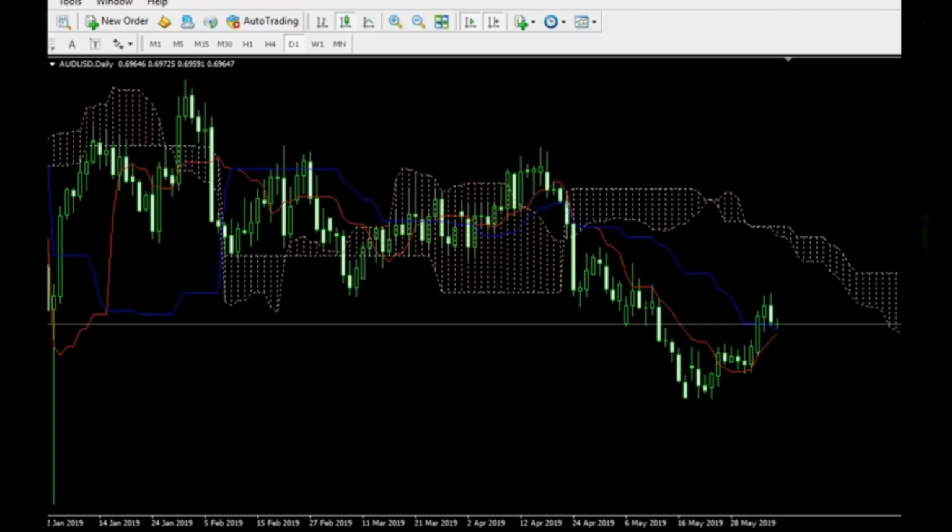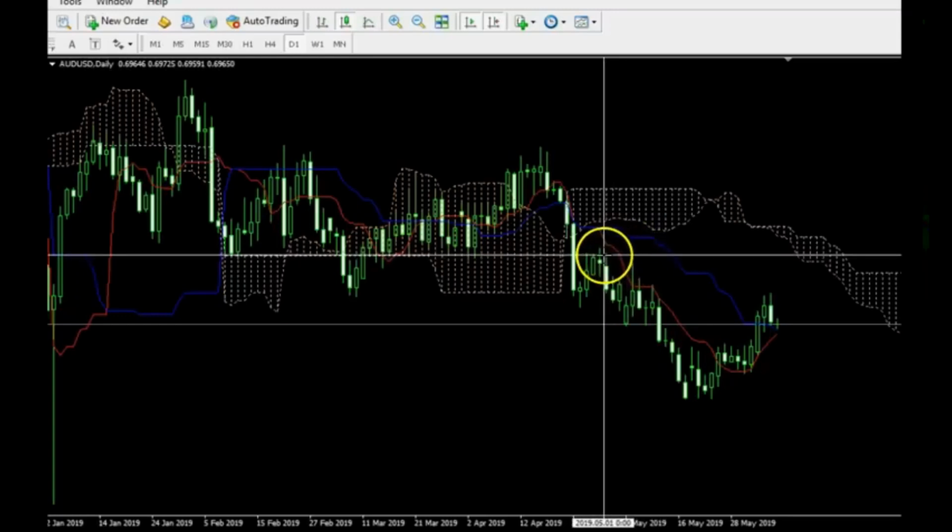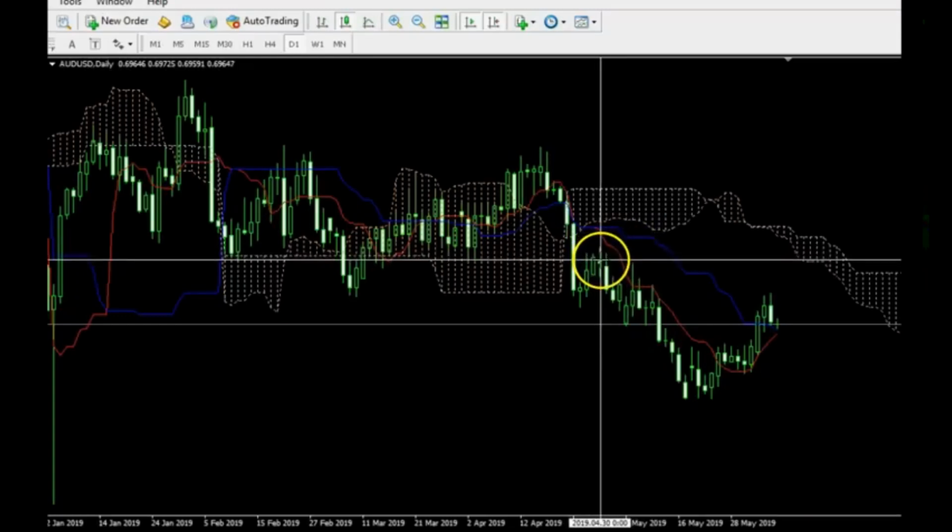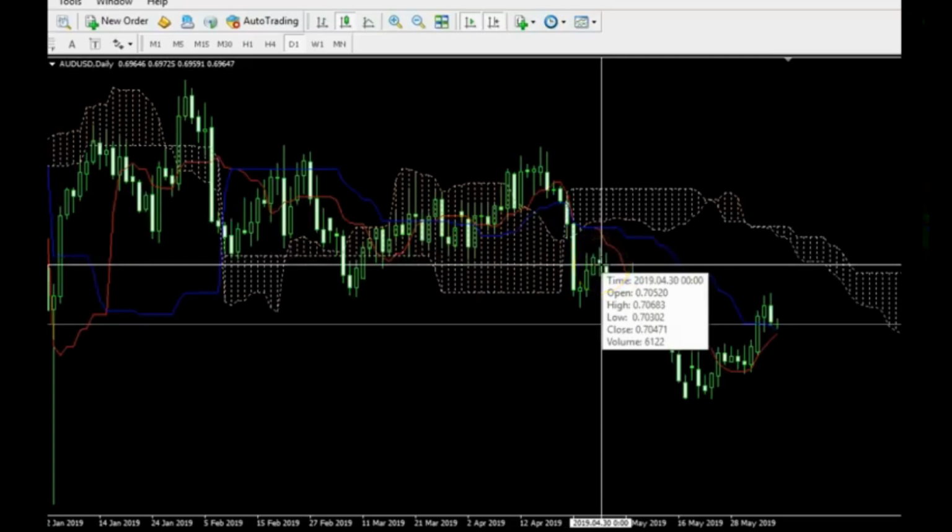So here on the Aussie dollar daily, got a lot of noise, a lot of trades we didn't really want to take until right here. So you finally saw that separation where the Tenkan had closed down beyond the Kijun. So that would have been, let's see, right here it looks. All right.